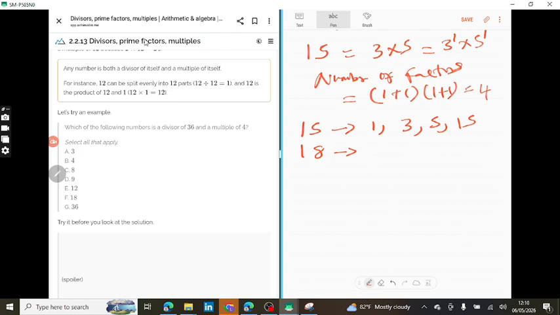5, 3, 6, 9. How many of them? What is the prime factorization?